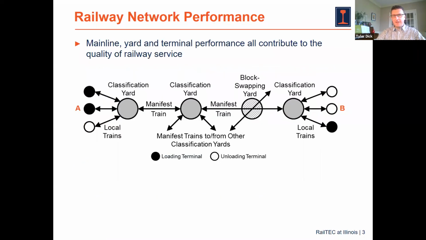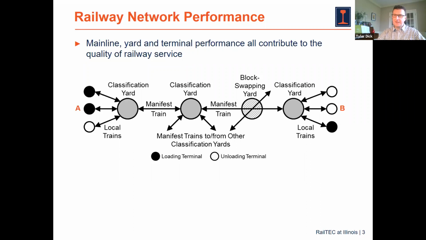And what we find is that main lines, yards, and terminals all contribute to the overall performance and quality of railway service. So for example, here, if we have a shipment moving from an origin point A on the left-hand side of the screen, or a loading terminal, going to a destination or a loading terminal point B over on the right-hand side of the screen, we may have several different trains involved in that movement.